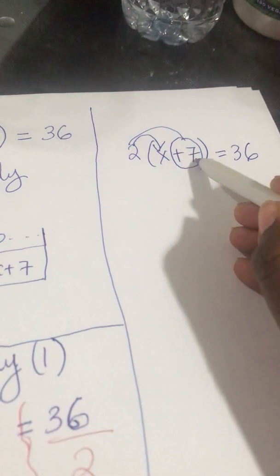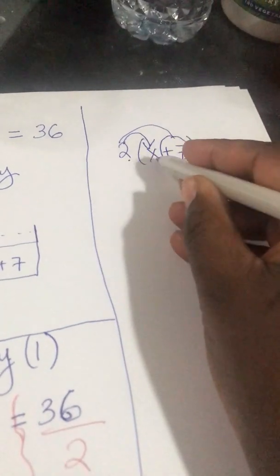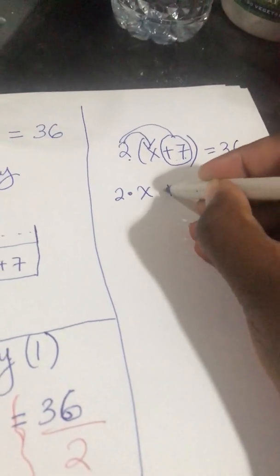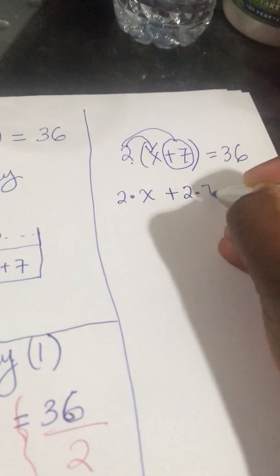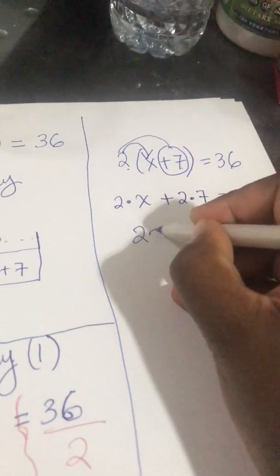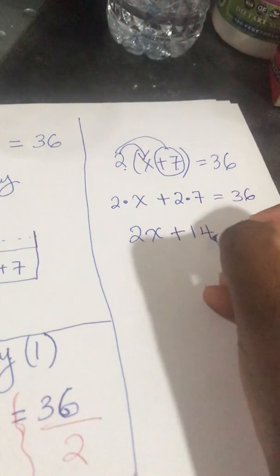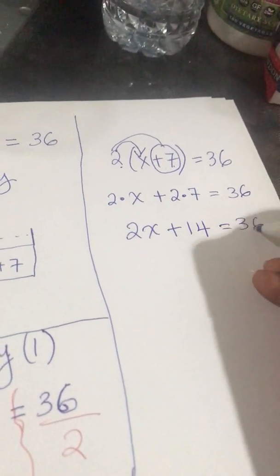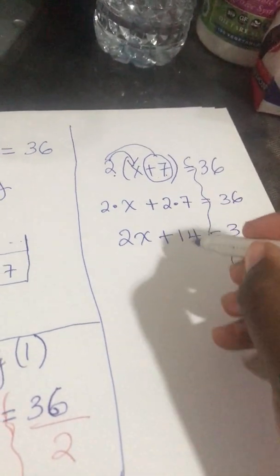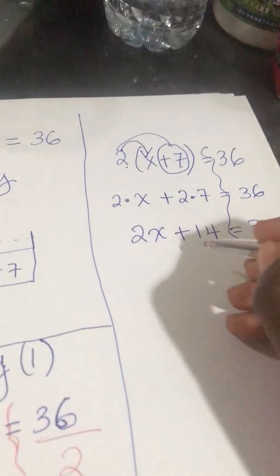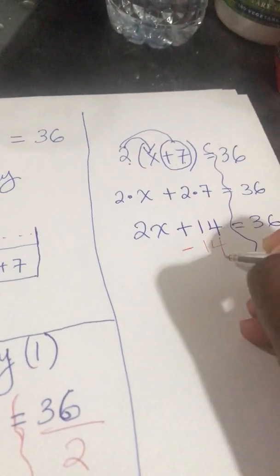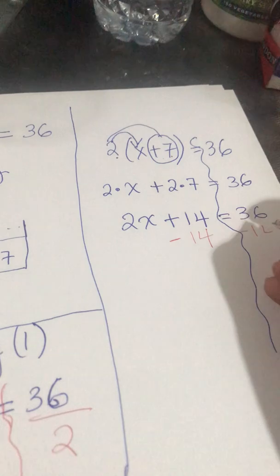Remember, you take the number with the sign. 2 times x plus 2 times 7 equals 36. 2x plus 14 equals 36. Remember your bridge. Then subtraction property of equality, because this is addition, I will subtract 14 from both sides.